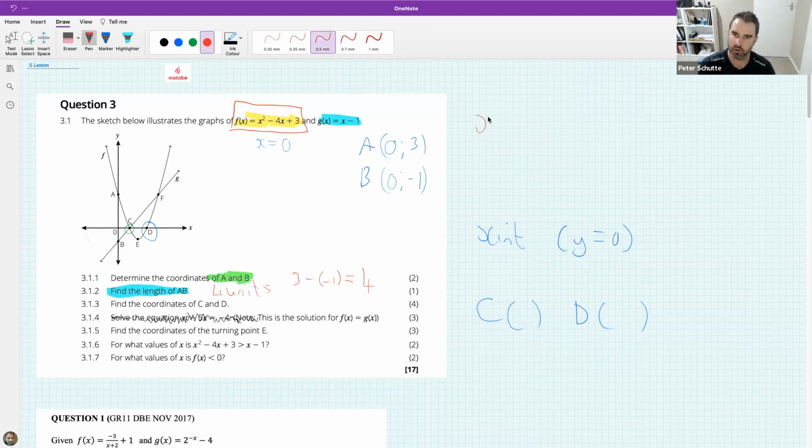I guess I'm going to have to go x squared minus 4x plus 3 is equal to 0. And then I have to solve this, and I have a choice. I can either use the formula or factorize.